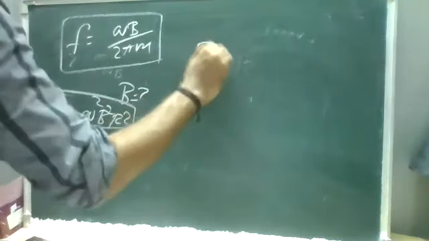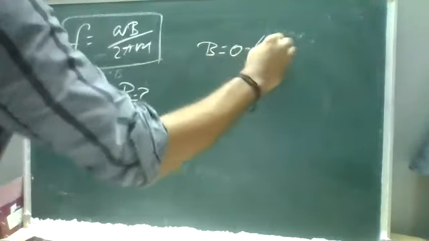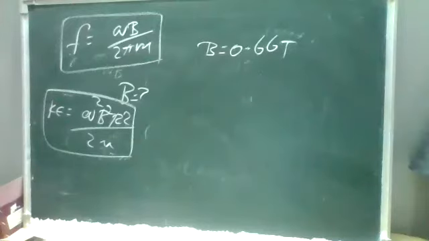So the magnetic field value is B is equal to 0.66 Tesla. Sir, can you explain the conversions again? Which conversions? The joules. Yes, I'll do it.